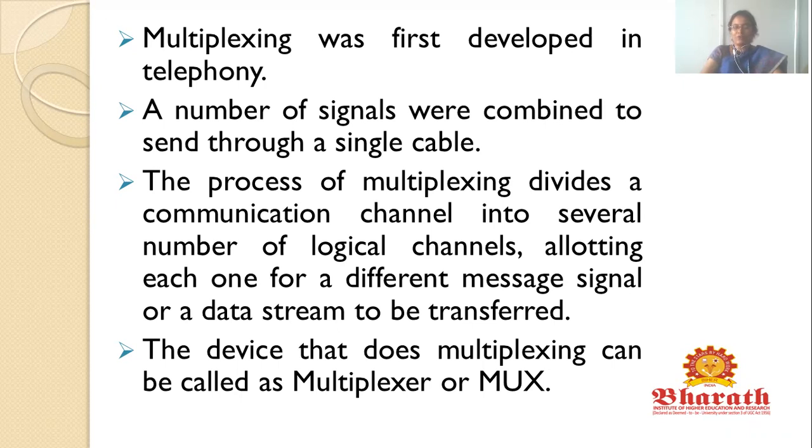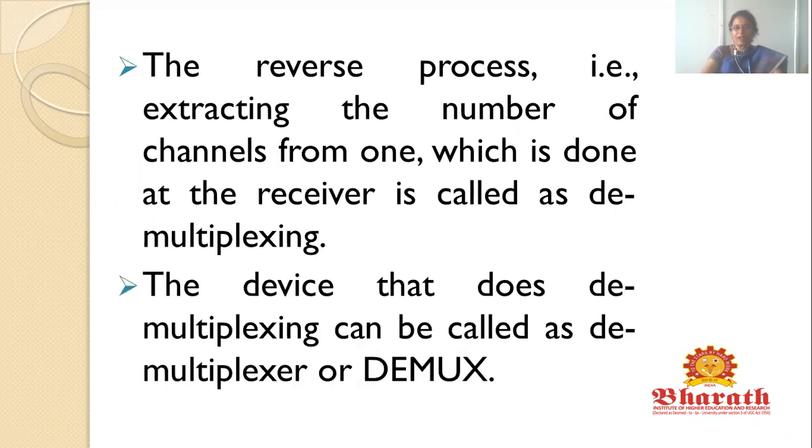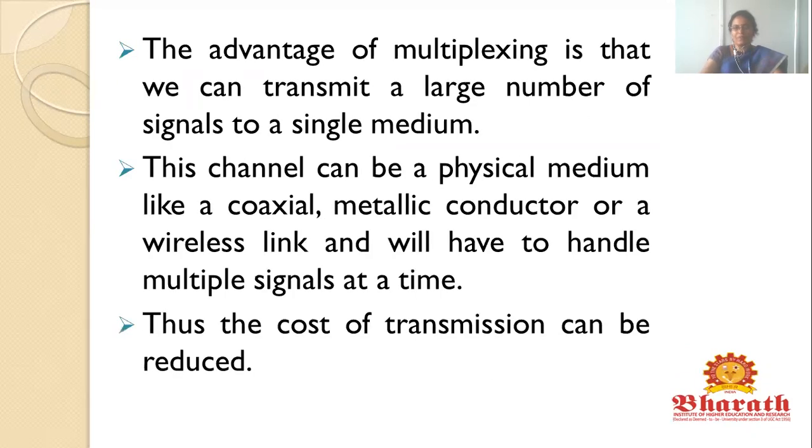The device that does multiplexing can be called a multiplexer or mixer, and the device that does demultiplexing can be called a demultiplexer or demixer. The advantage of multiplexing is that we can transmit a large number of signals over a single medium.